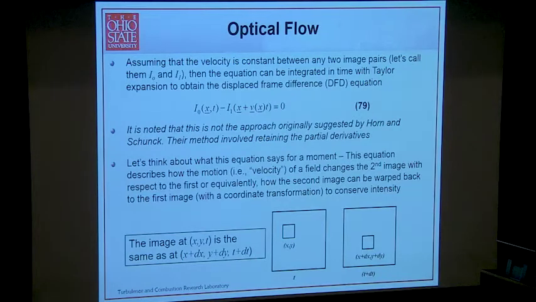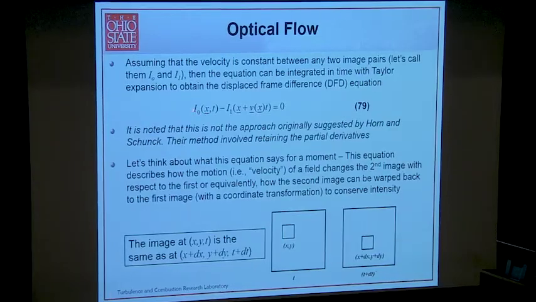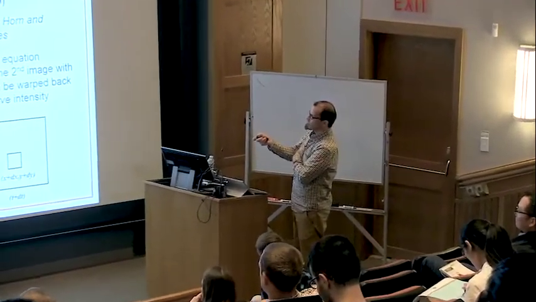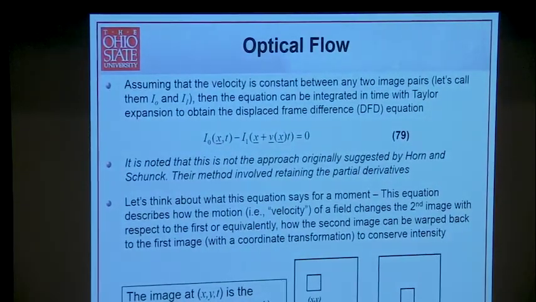But let's think about what this equation says for a moment. We have an intensity I0 at time t equals 0, and then we have an intensity I1 that occurred sometime later.